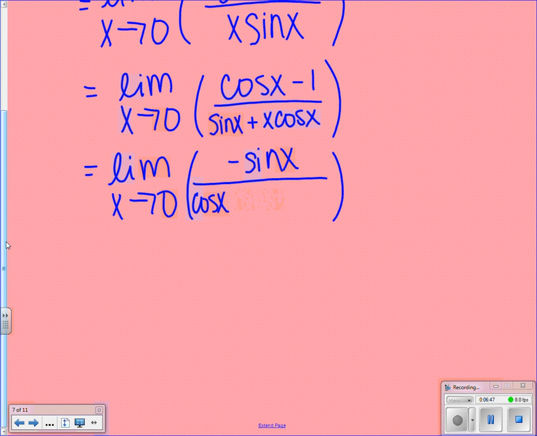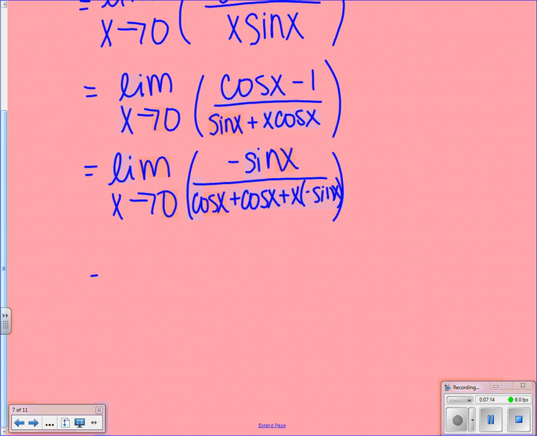the derivative of x is 1, and so we have plus cosine of x. And then the derivative of cosine is a negative sine. And so that would be the product rule of x times cosine of x. So now we're going to plug in a 0, and I get negative and 0, so just 0.